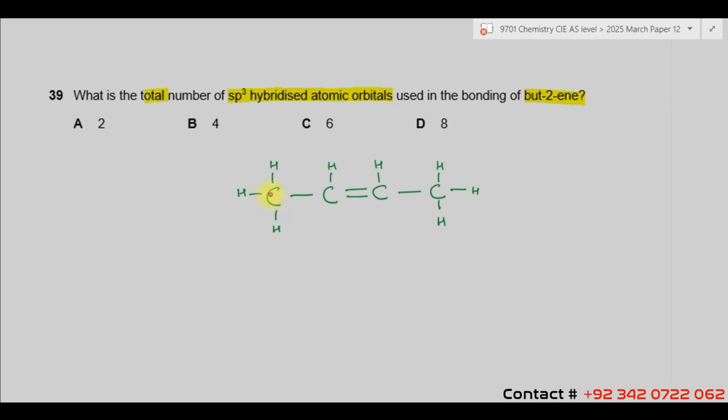To simplify, the carbon that makes 4 single bonds is sp3 carbon. The carbon that makes one double bond, two single bonds is sp2 carbon. This is also sp2. This one is sp3.